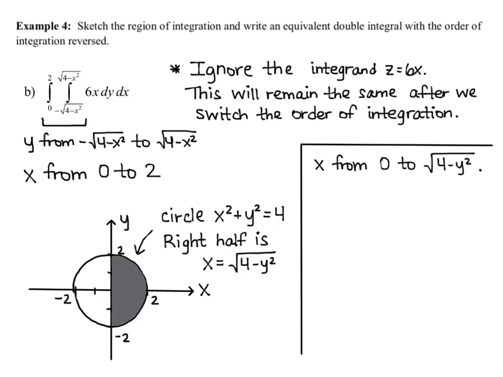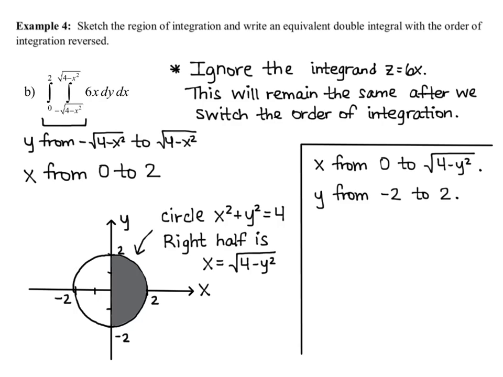So x goes from 0 to square root of 4 minus y squared. We can see from the shaded portion of the circle that the smallest y value is negative 2 and the largest y value is positive 2, so the y bounds are negative 2 to 2.